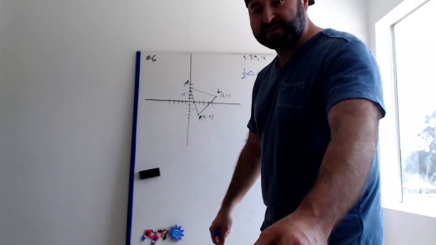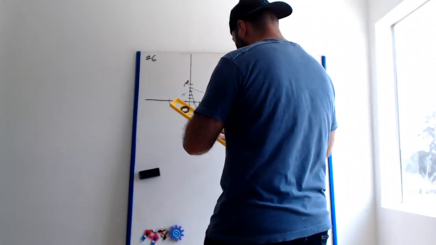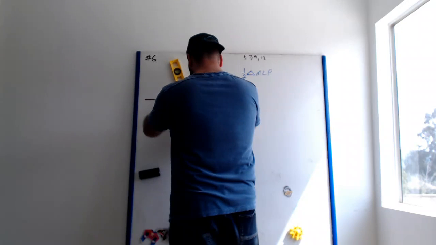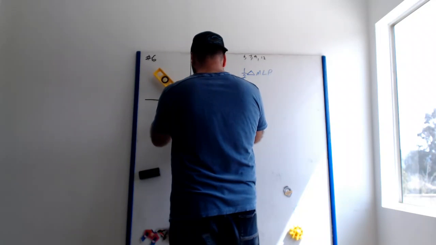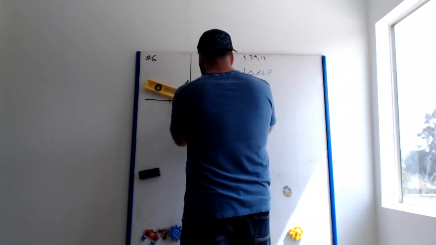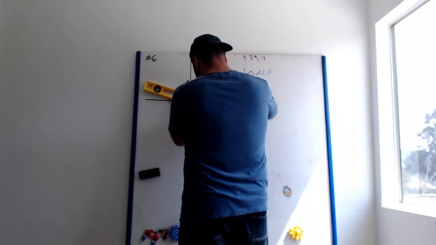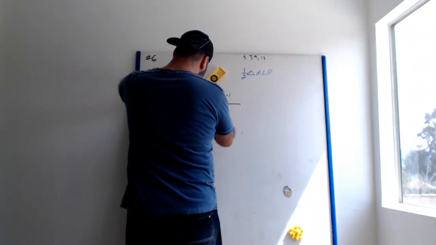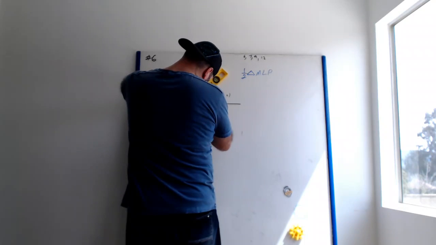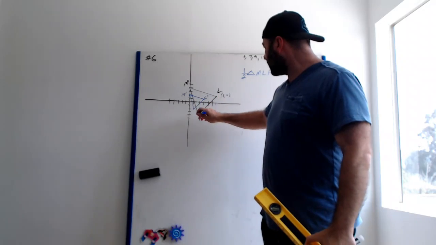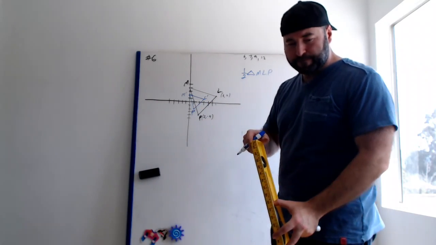So essentially this becomes my new dilated triangle: M prime, L prime, P prime.